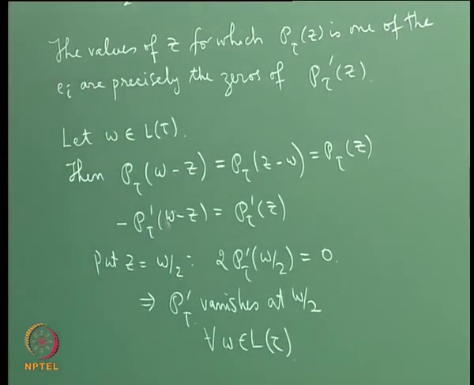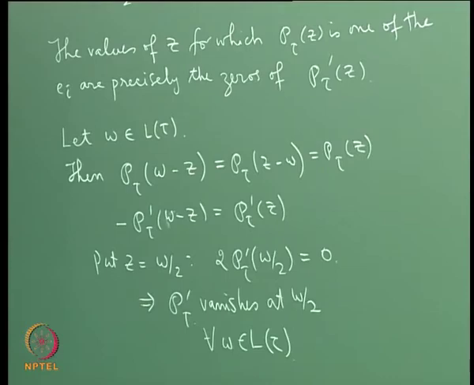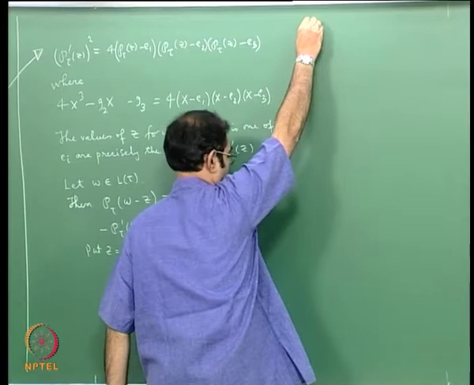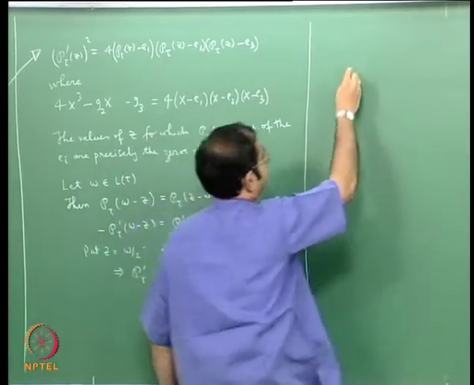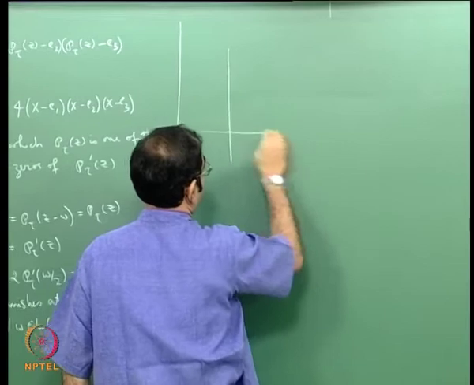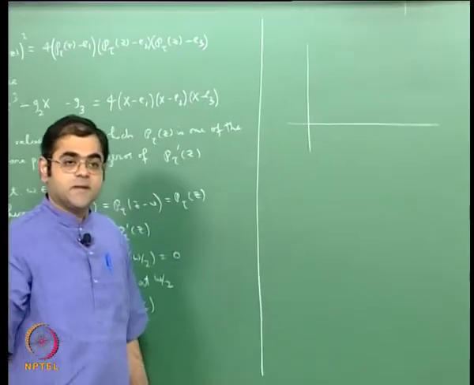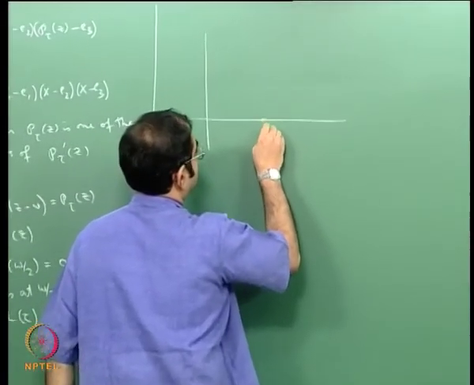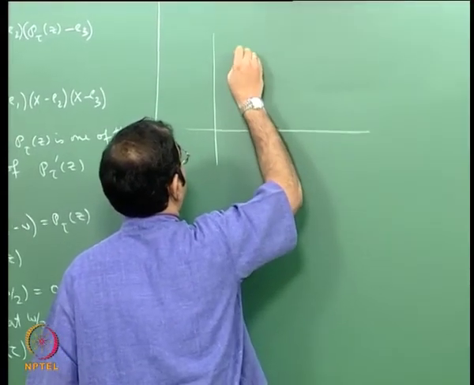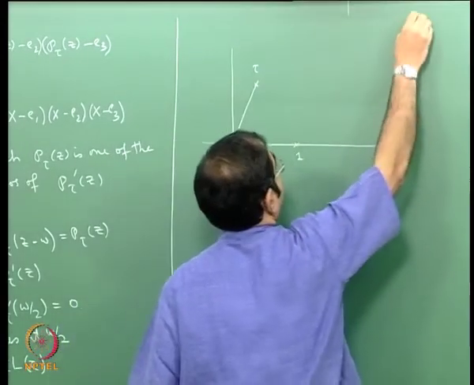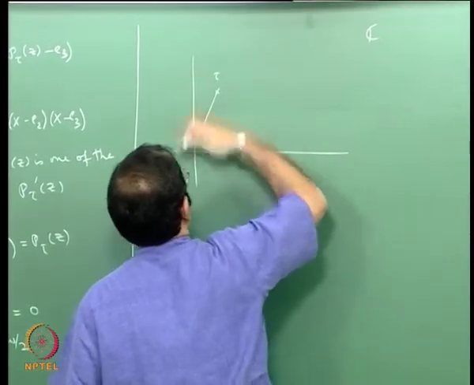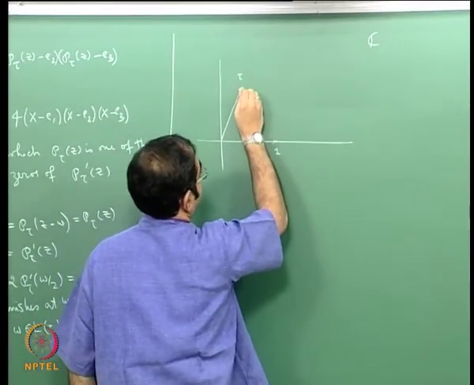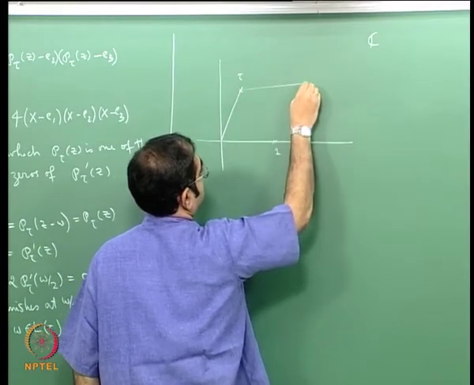In particular, let me draw this period parallelogram, the fundamental parallelogram formed by the generators of this lattice. You have 1 here, and you have tau somewhere here. This is the complex plane, and this is the upper half plane. Tau is there, and I have this parallelogram here.